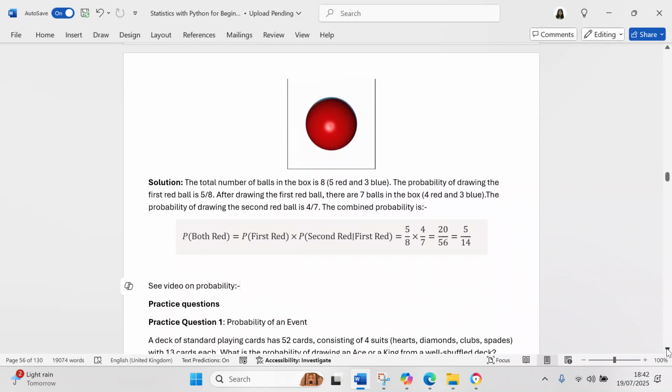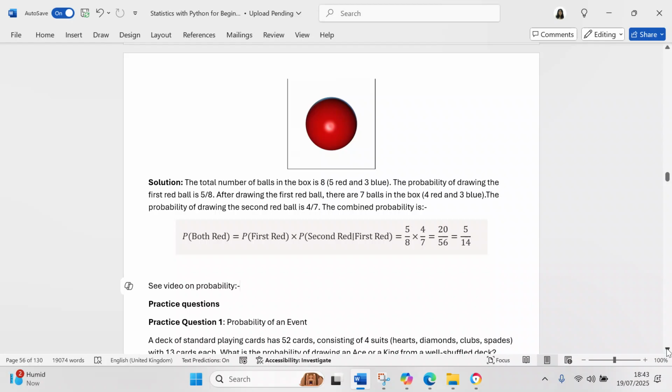The probability of drawing the first red ball is 5 divided by 8. After drawing the first red ball, there are 7 balls in the box, 4 red and 3 blue. The probability of drawing the second red ball is 4 divided by 7.